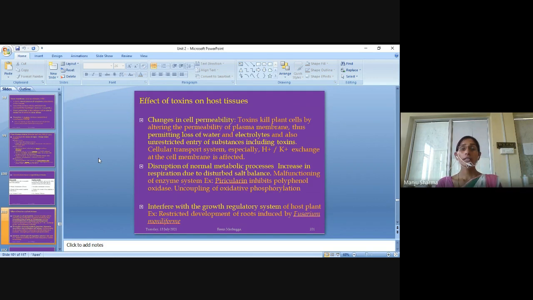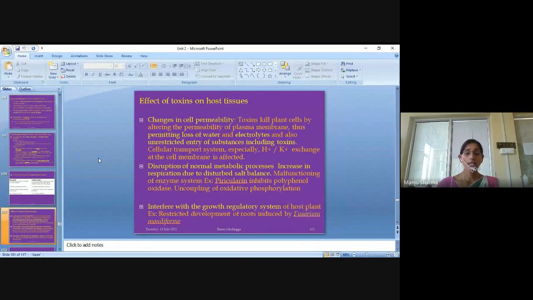Then there is disruption of normal metabolic processes: an increase in respiration due to disrupted salt balance, and malfunctioning of enzyme systems. For example, pellicularin inhibits polyphenol oxidase, upsetting oxidative phosphorylation.